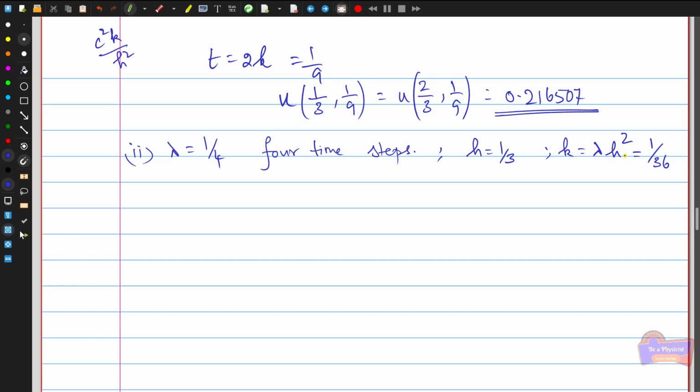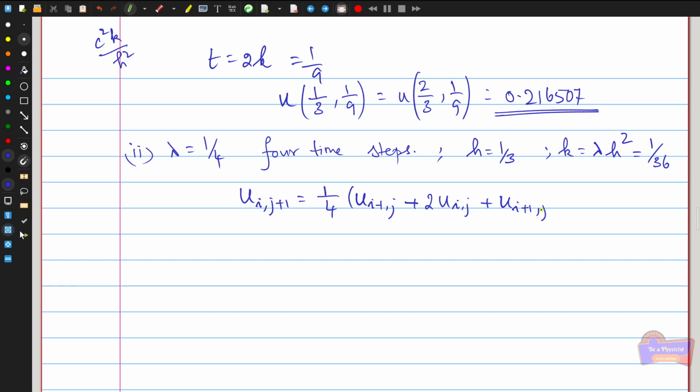So we have to do the computation for the 4 time steps, that is up to t equal to 1 by 9 for lambda equal to 1 by 4, so I can rewrite the same Schmidt equation for lambda equal to 1 by 4, which is given by u of i comma j plus 1 equal to 1 by 4 times u of i minus 1 comma j plus 2 times u of i comma j plus u of i plus 1 comma j.